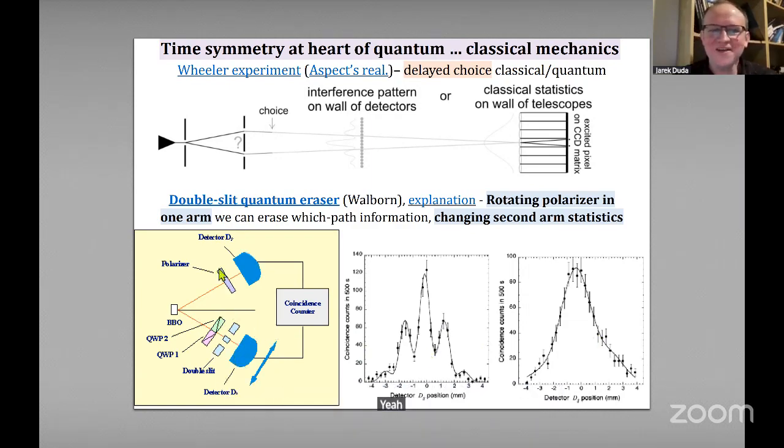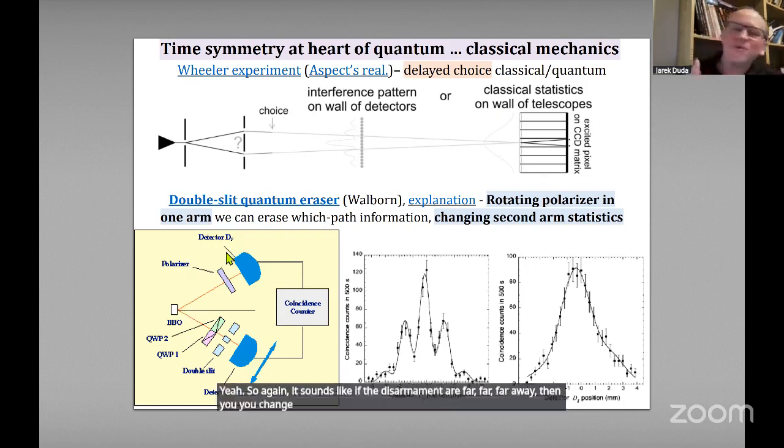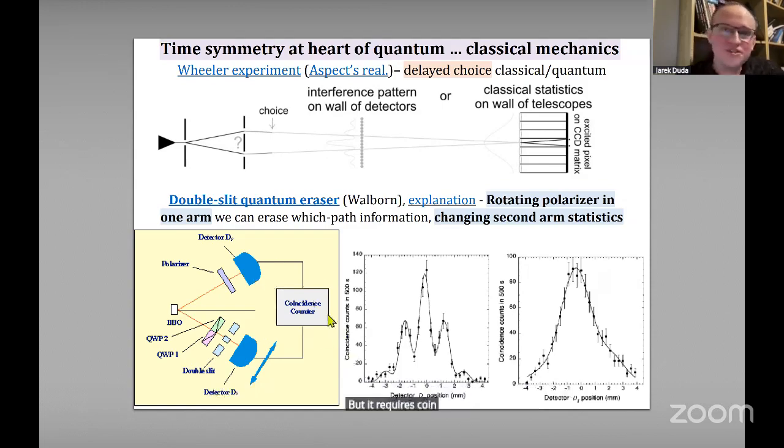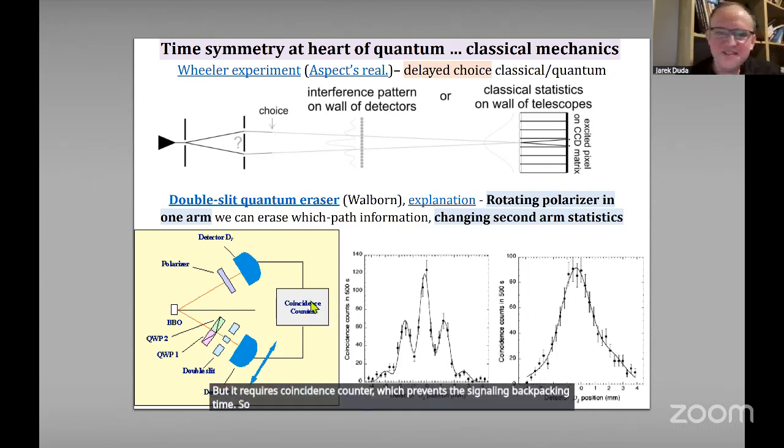Again, it sounds like if these arms are far away, then you can have retrocausality, because if this arm were much longer, you could change the path to what was the classical or quantum statistics. But it requires a coincidence counter, which prevents signaling back in time. So while the fundamental physics is kind of retrocausal, we cannot use it.